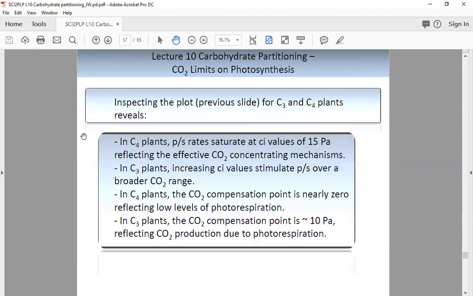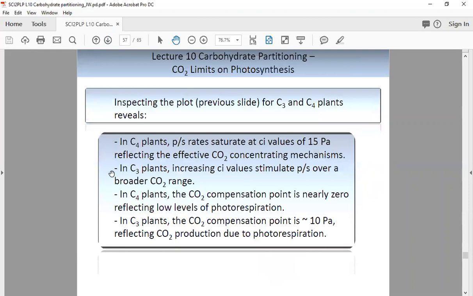Okay, and that's actually all summarised here for you. All right, so inspecting the plot on the previous slide. In C4 plants, photosynthesis rates saturate at values of 15 pascals, reflecting the effective carbon dioxide concentrating mechanism.